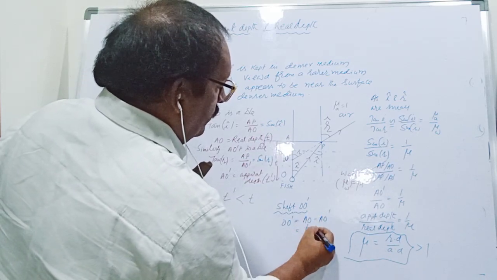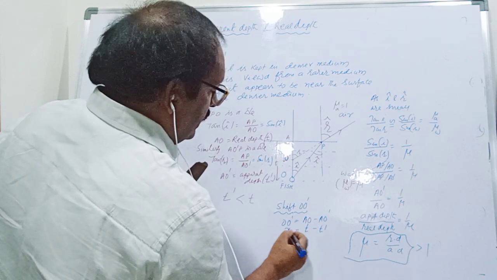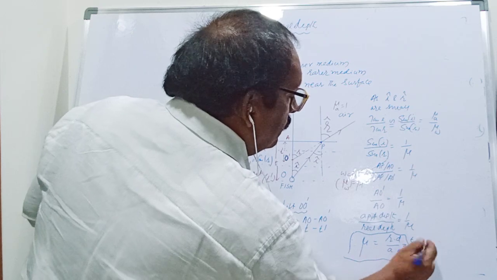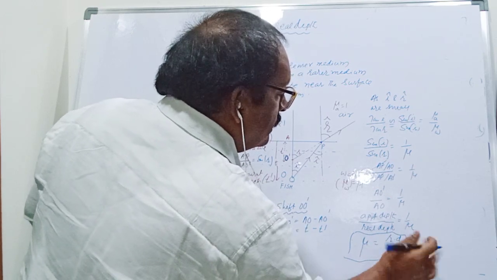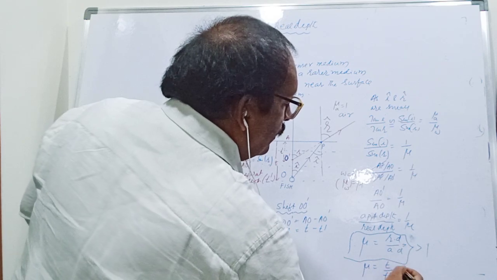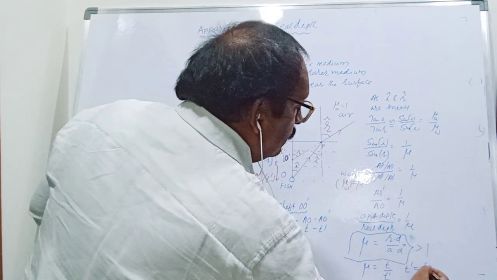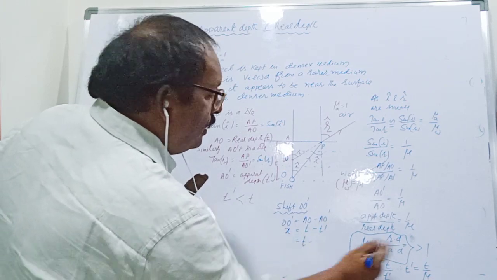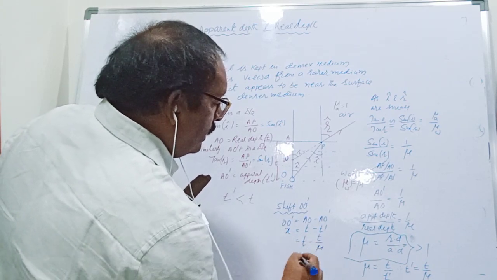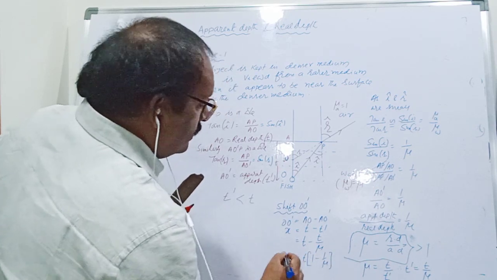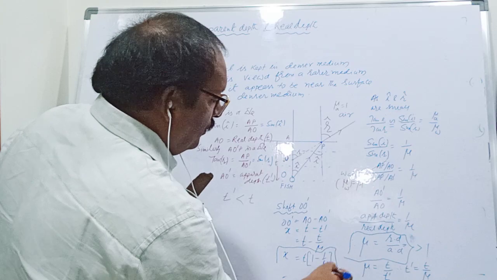AO is T, so T minus T prime is equal to the shift, X. But we can write mu as T by T prime. Therefore, T prime is equal to T by mu. Substitute here: T minus T prime is T minus T by mu. Hence, T is common: T times 1 minus 1 by mu. This is called the shift. It's the most important part.